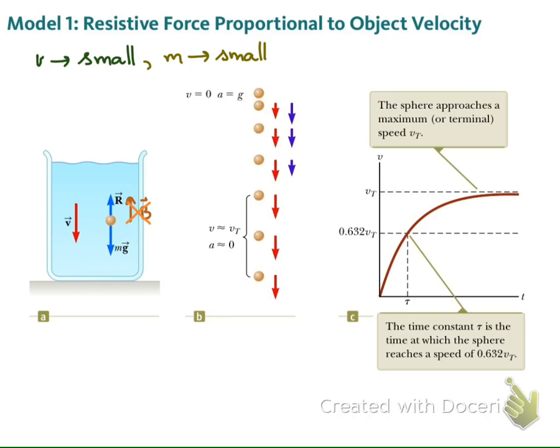Now, let's see the rough idea of the motion of the object. We can see that the force mg is a constant, and it pulls the object downward to the ground.